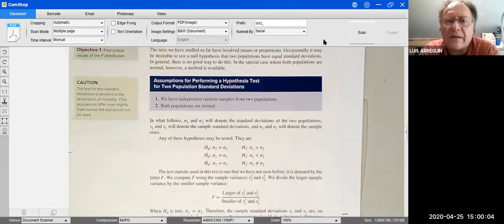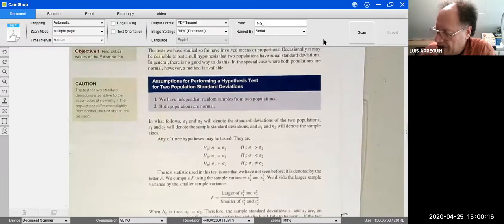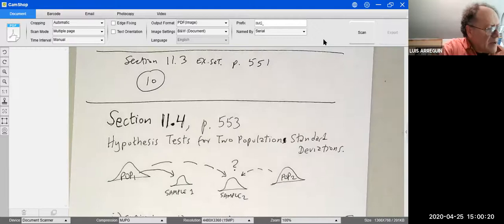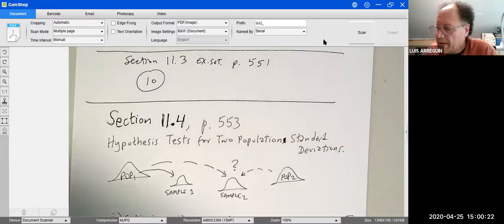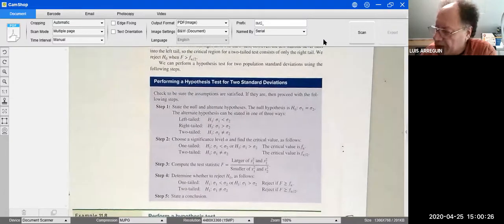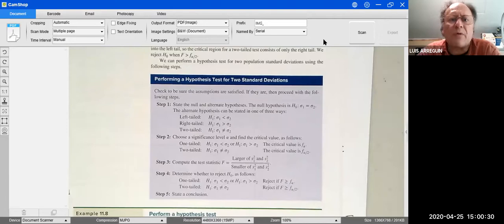The first one is that we have independent random samples from two populations, and the second one that both populations are normal. These assumptions are on page 553 in your book, and then on page 555, we have the corresponding blue box with the steps that we follow to solve these problems.